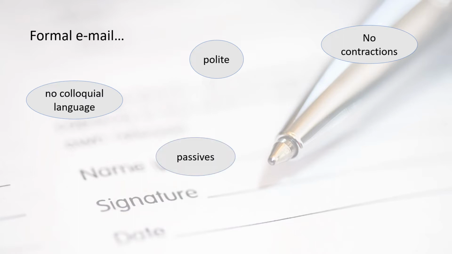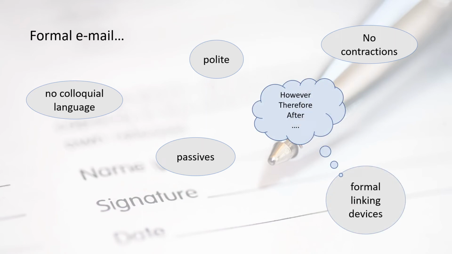A good tip is to use passive constructions, especially to criticize something, to make it appear more polite, as for example, the phone was broken, or in the text there was mentioned. Formal linking devices, like however, therefore, after, and set phrases, help you with structuring your formal writing.